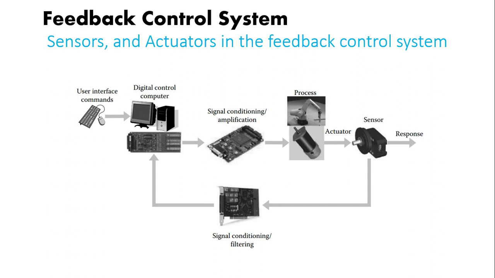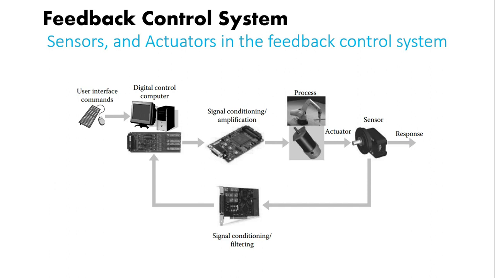Here we can see on screen the sensors and actuators which are used in a feedback control system, where the input commands are given through the user interface, where a digital computer or system is used. Signal conditioning and amplification is the next step, where the process is done through actuators and sensors.